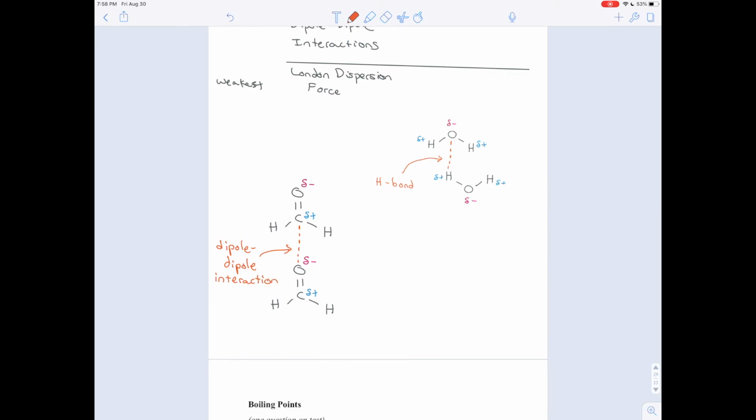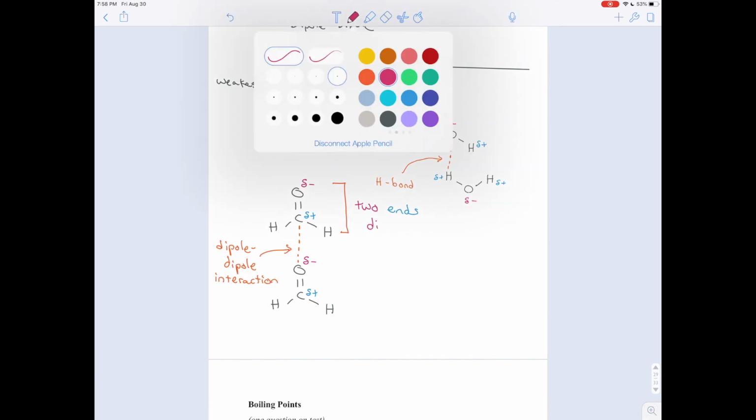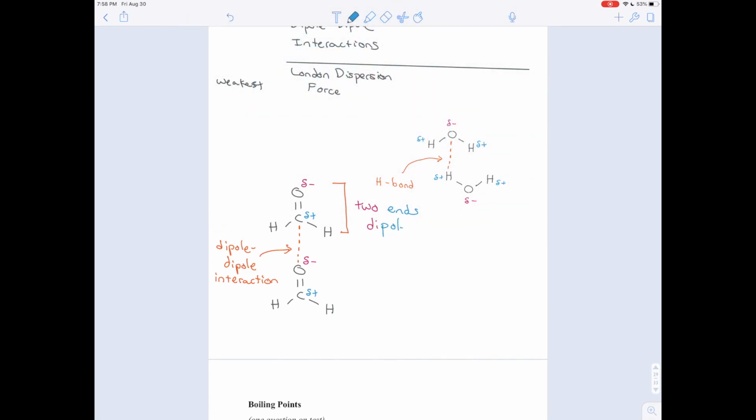First, a word about the name. If you look at this bond, you'll notice that it has two ends. It has a positive end and a negative end. Another way of saying two ends is dipole. A pole is an end, like the North and South Pole are the two ends of the Earth.